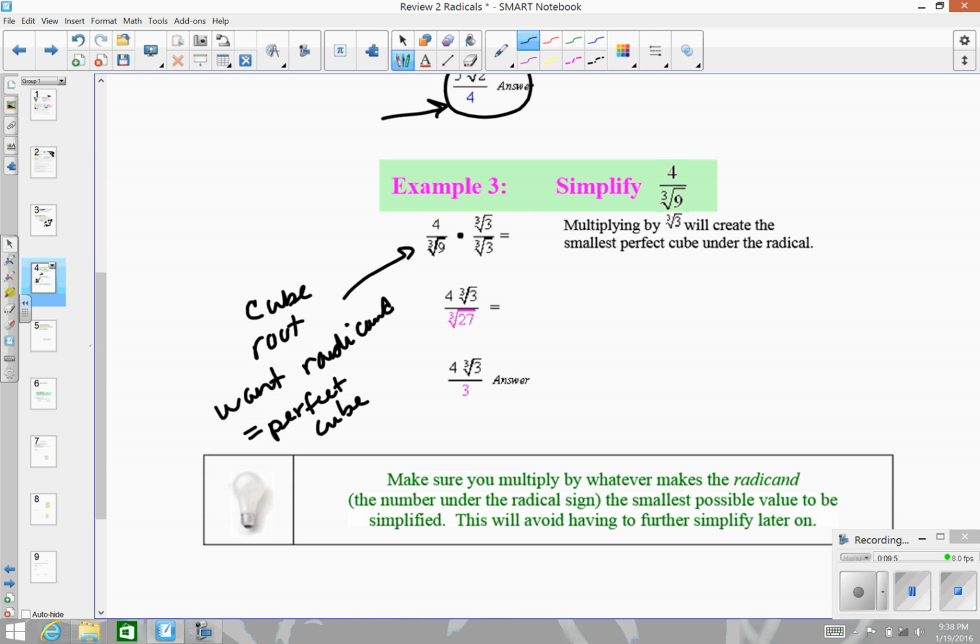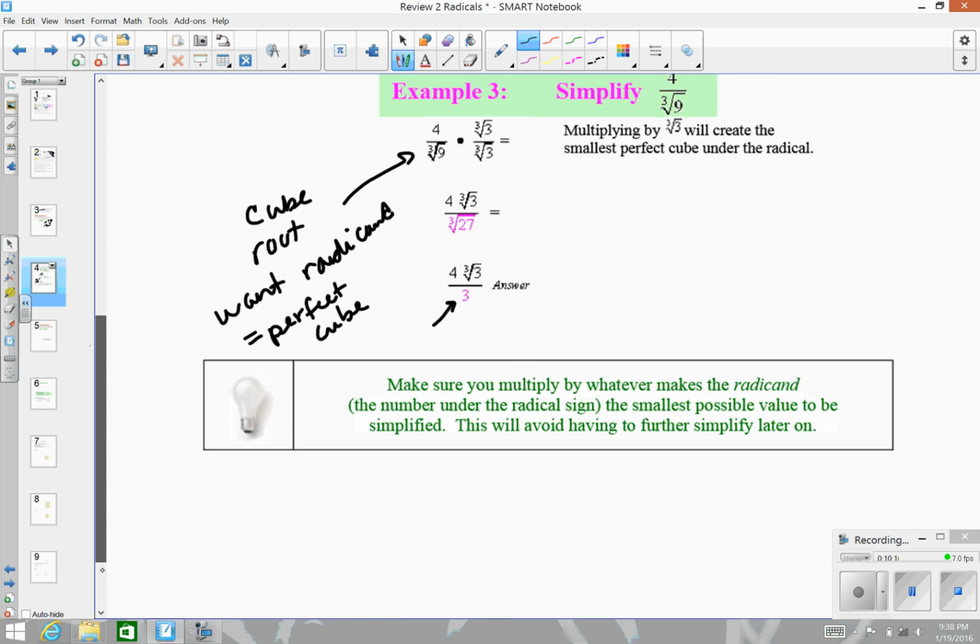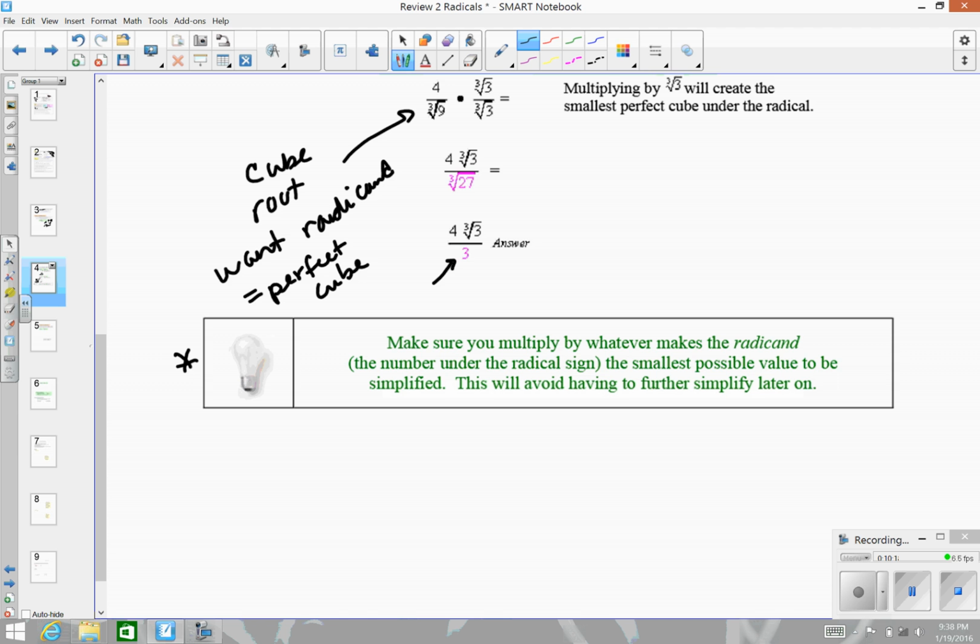So I'm multiplying top and bottom by cubed root of 3. That gives me 4 times cubed root of 3 in the numerator and the cubed root of 27 in the denominator, which simplifies to 3 here. Nothing left to simplify on that, so that one is finished. So, hint on here. You want to multiply the radicand by whatever gives you the smallest possible value that you can simplify in the denominator.